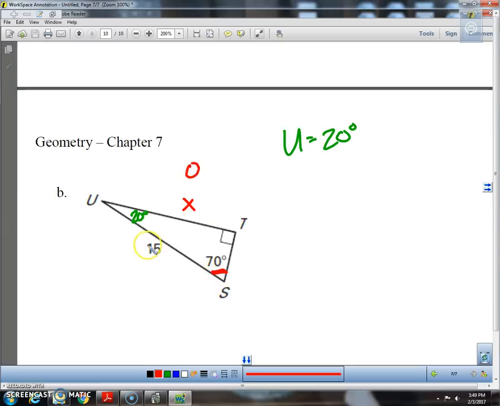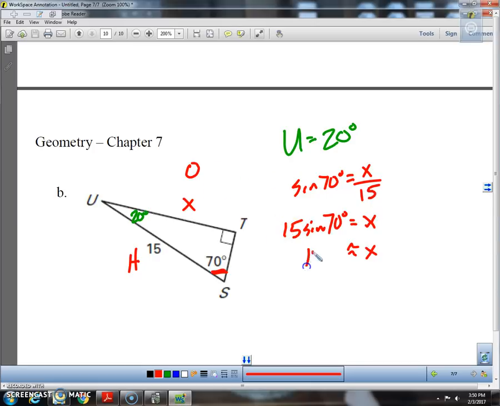I've got opposite and hypotenuse. So sine of 70 degrees, nothing new here, equals X over 15, multiply by 15. 15 times the sine of 70 degrees, and my calculator tells me that's about 14.1.